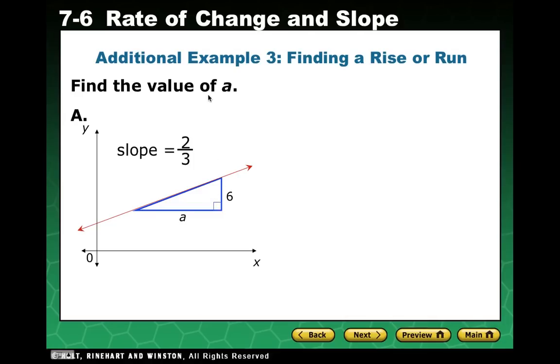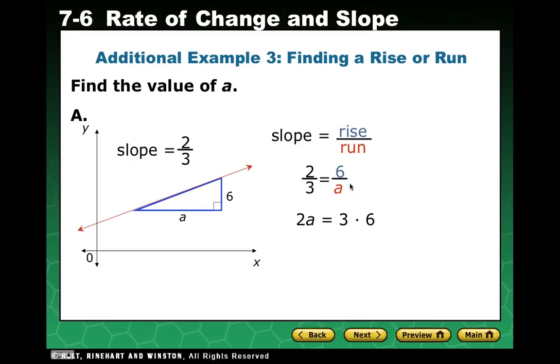Okay, so we're going to find the value of A if the slope is 2 over 3. So rise over run is 2 over 3. So this would be considered a rise, this 6, because it's going up. So we want to figure out the run, how far it goes over. So that's going to be our unknown.